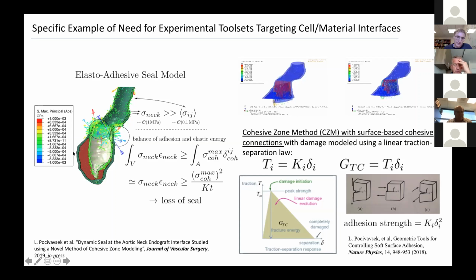So to give you an example, for this particular model that we've published on dynamic seal for the endograft, we had to rely on fairly macroscopic measurements of the maximum force that it takes when you axially pull on the endograft to displace the endograft about 5 millimeters along the axial direction that's parallel to the force applied.